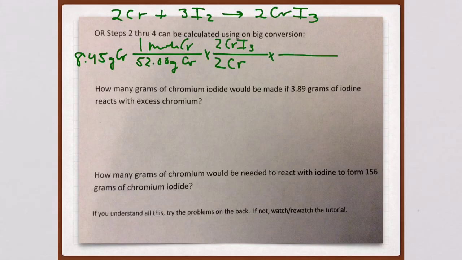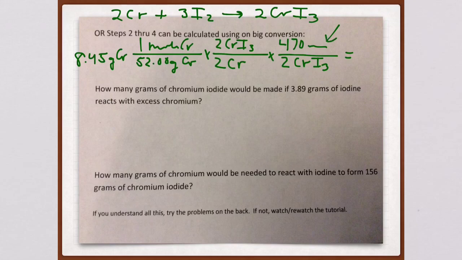And then finally, we multiplied by the molar mass of, what was that, 470 point, oh, what was that? 470 or 4 something, whatever that molar mass was. I'm forgetting it now, but it's blah, blah, blah.